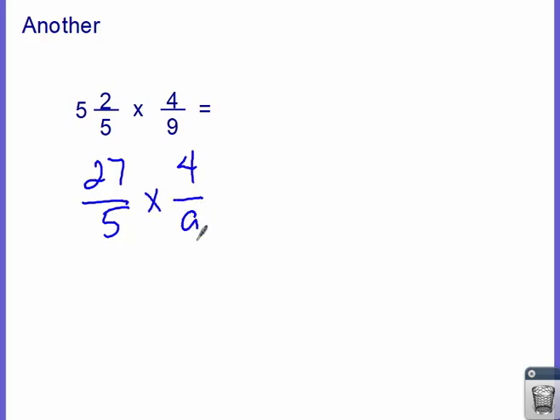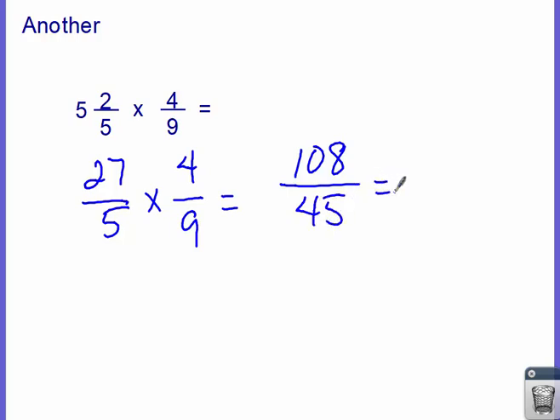We do 4 times 9. Simple as that. Okay, so now we begin multiplying. So we do 27 times 4, and 27 times 4, I believe, is 108. Okay, because 4 times 7 is 28. Write down the 8, carry the 2. 4 times 2 is 8, plus 2 gives us 10. Very good. Okay, and then 5 times 9 gives us 45.